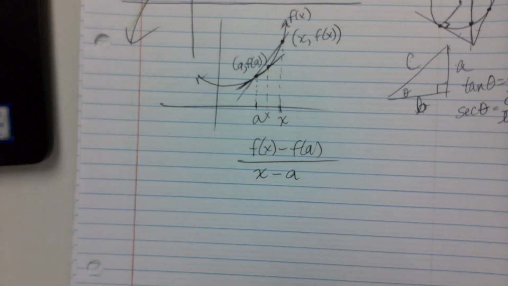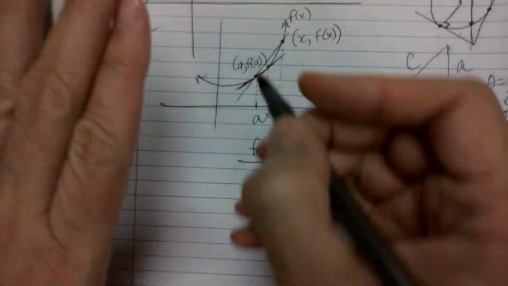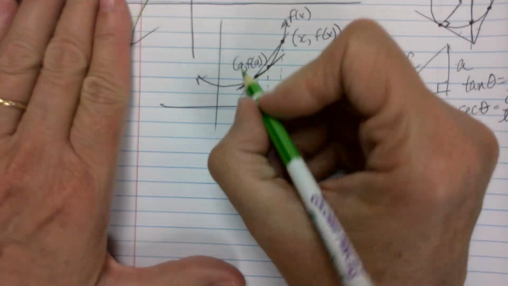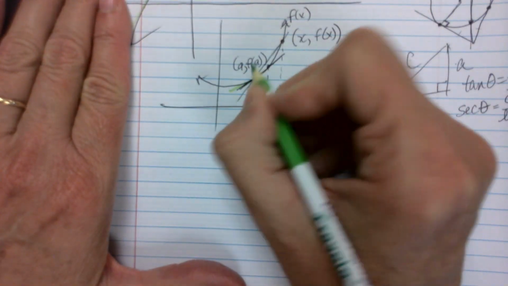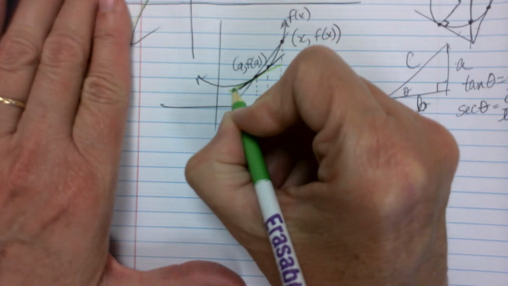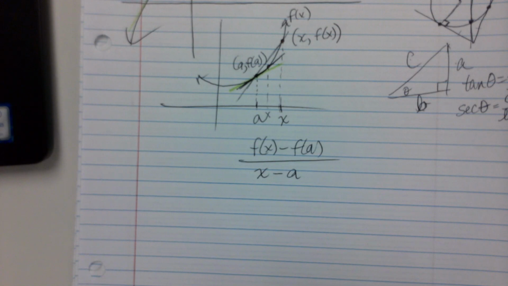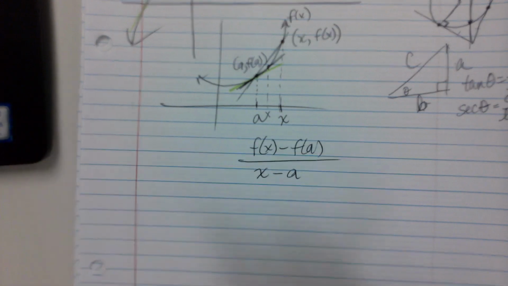The tangent line is in green. The tangent line is the one that barely grazes the graph in that one exact spot. Is it only going through the A? It is only going through the A, f of A.